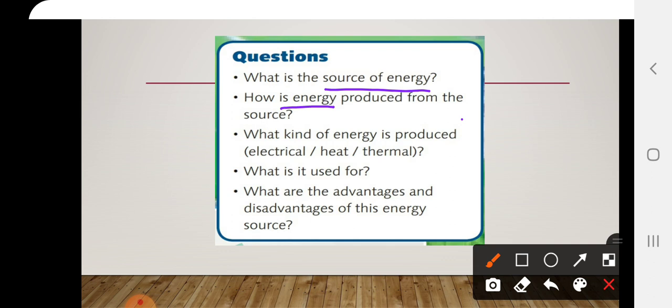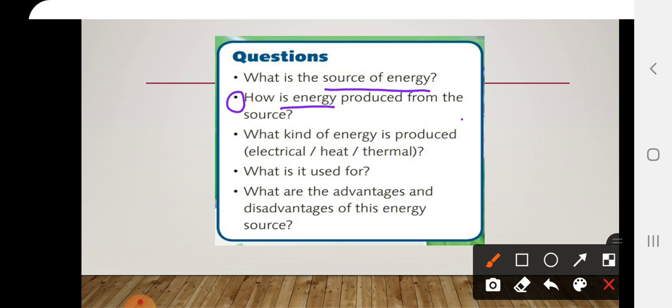What kind of energy is produced? How is energy produced? We have answered that. The windmills have blades, the blades are spun by the wind, and then it is turned into what?